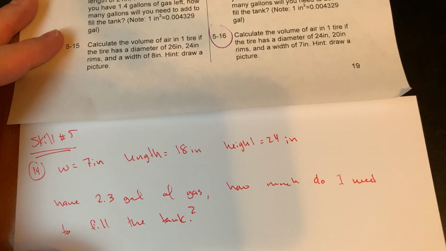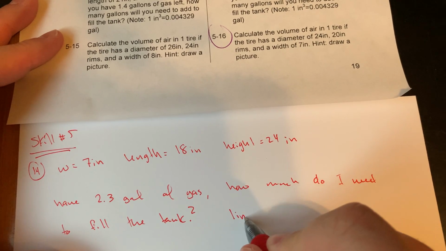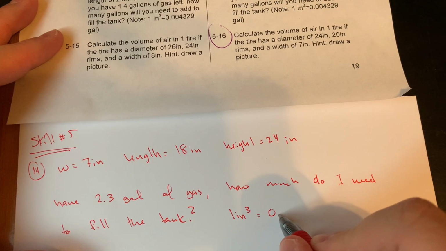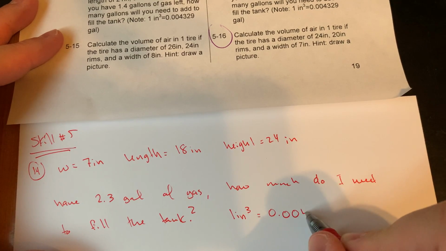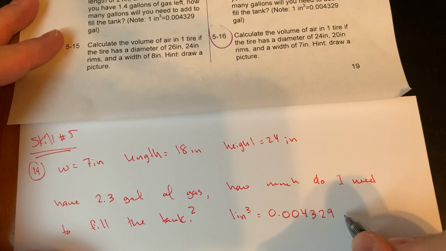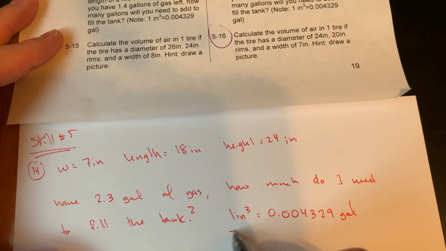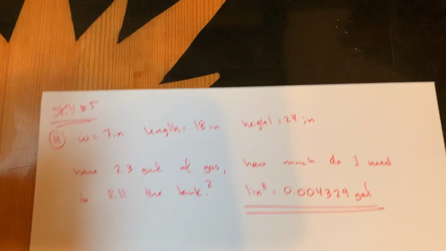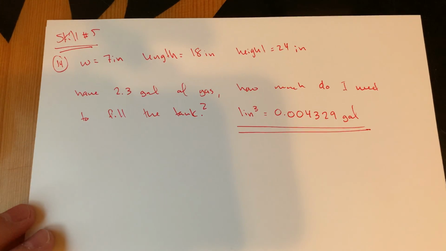With this unit conversion, 1 cubic inch in volume is going to be 0.004329 gallons. So that unit conversion is really going to be key to this problem. So it makes this all work, right?